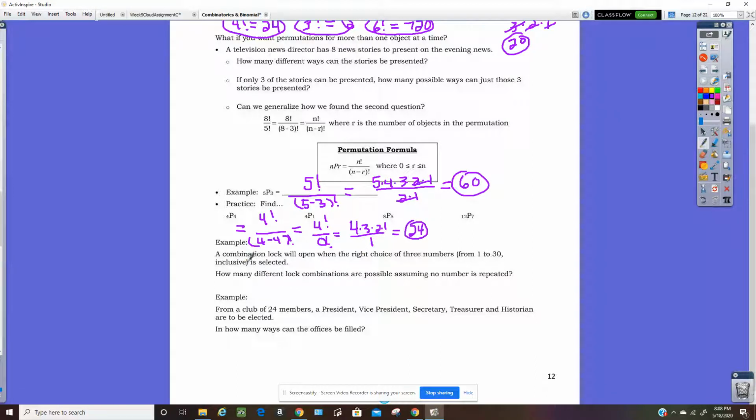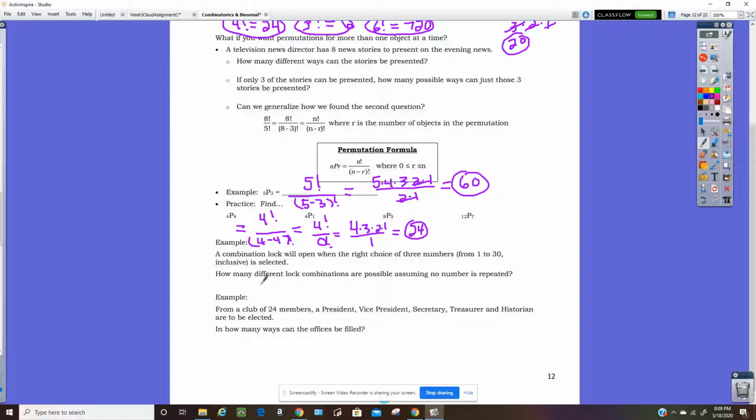So in the video for this week, it said a combination lock should really be called a permutation lock. It will open when the right choice of 3 numbers from 0 or 1 to 30 is selected. How many different lock combinations are possible, assuming that no number is repeated?